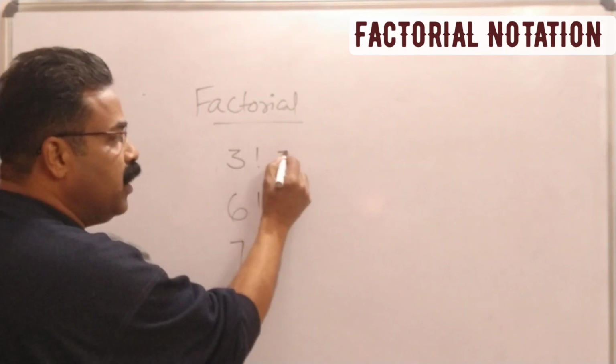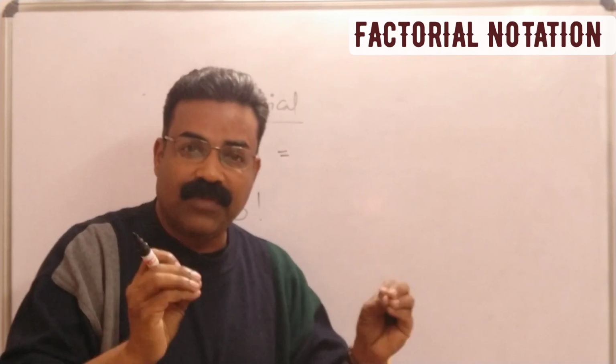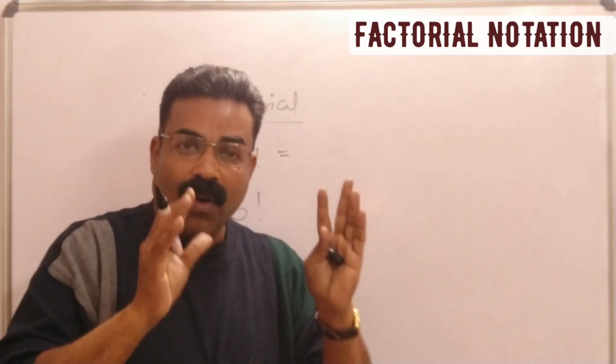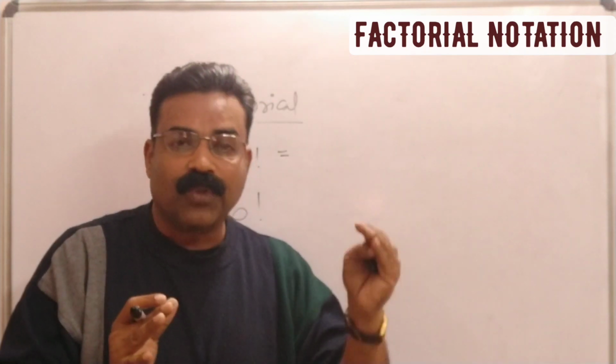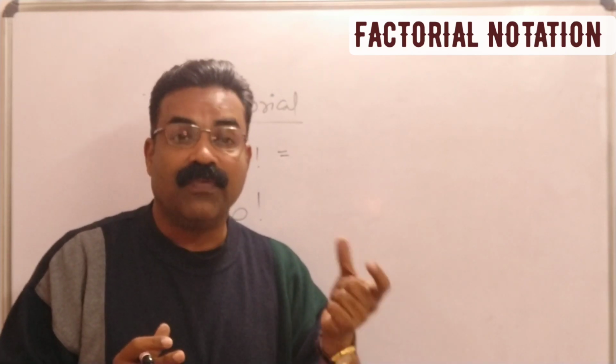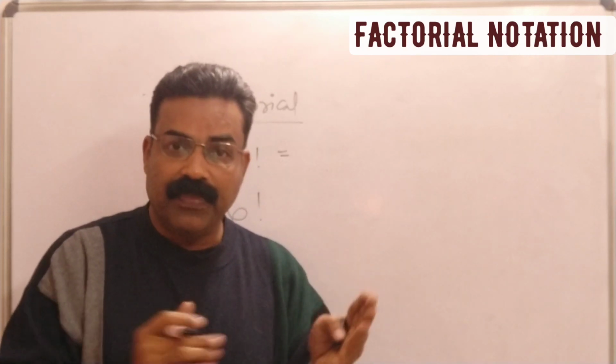3 factorial means, it is very simple, understand it this way: we have to multiply all numbers up to 3 starting from 1. We are talking about the counting numbers, the natural numbers, which start from 1.